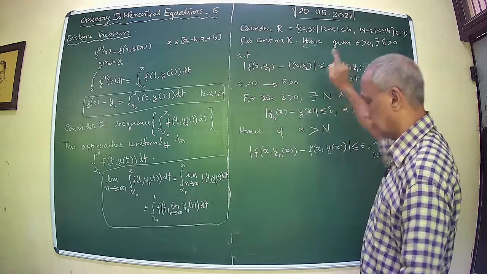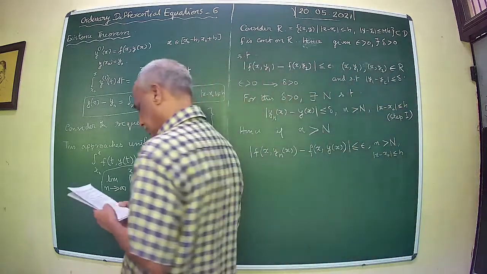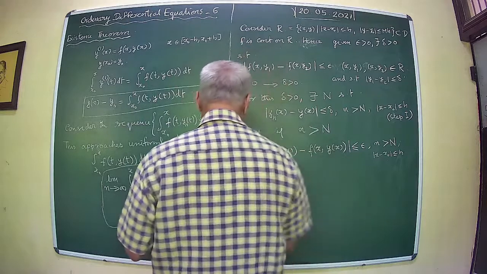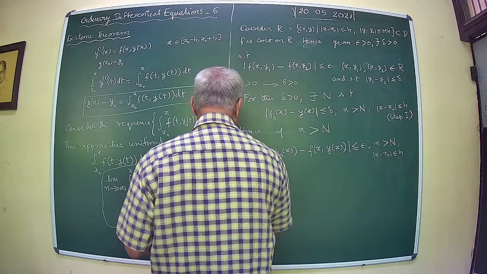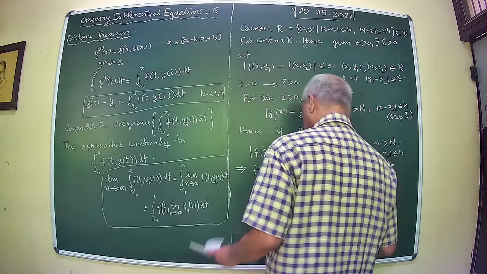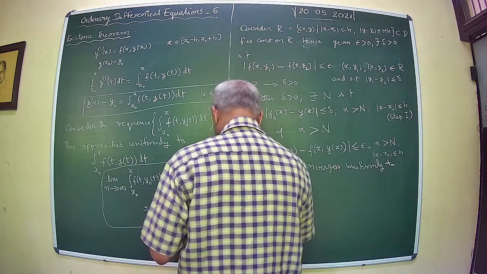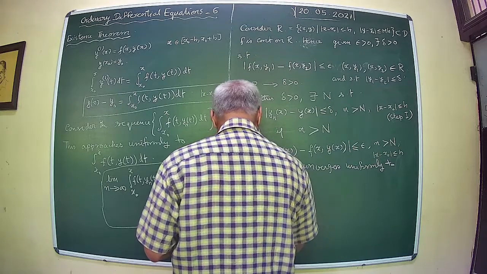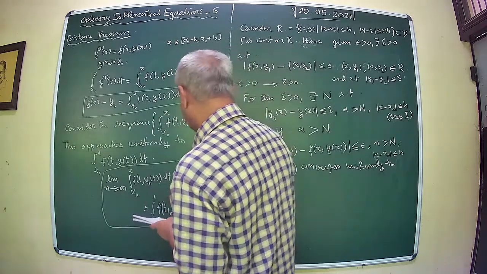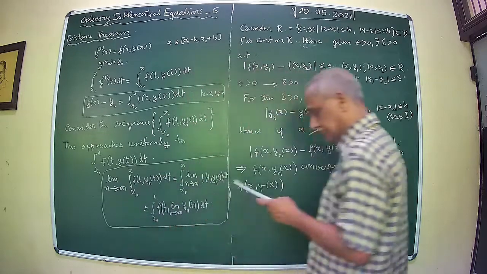So you are using this, which implies f(x, y_n(x)) converges uniformly to f(x, y(x)). This we are going to use in justifying this interchange.